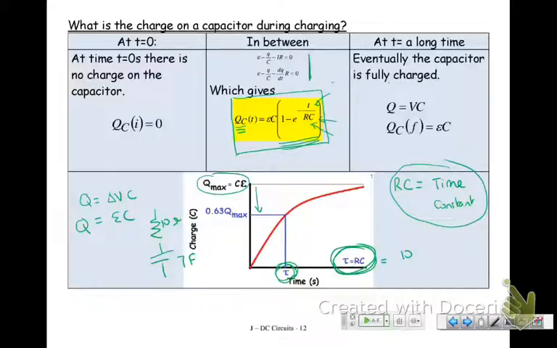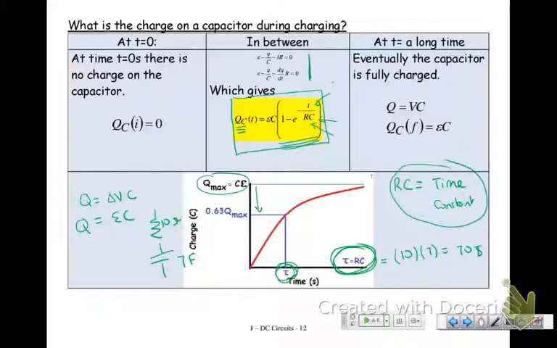We're using SI units, so 70 seconds. So at 70 seconds, you have risen to about 63% of your maximum value. If I was at 700 seconds, I'm way beyond, near my maximum value. You could argue you never get to your maximum value, but you get close enough that it doesn't matter.